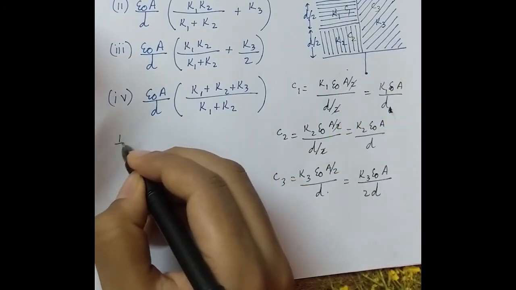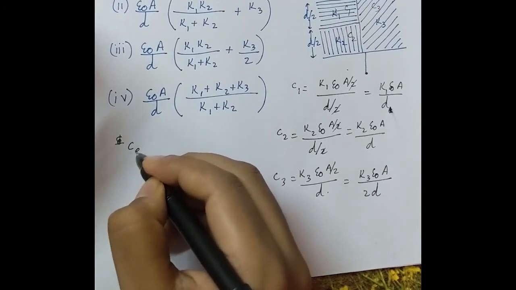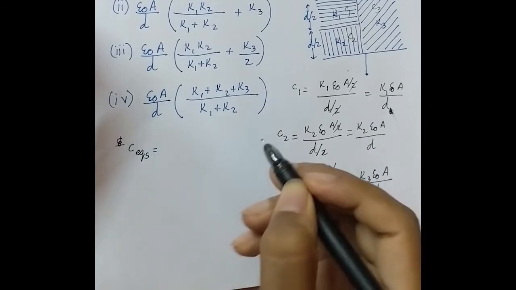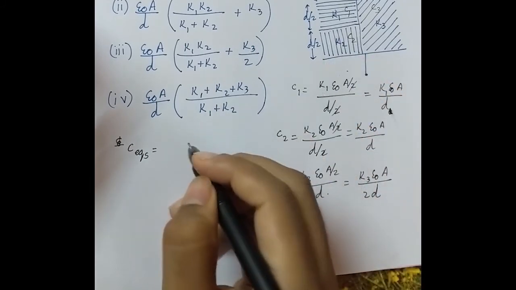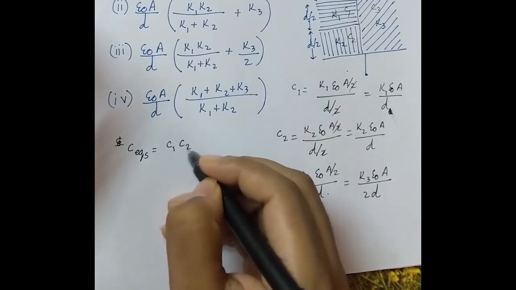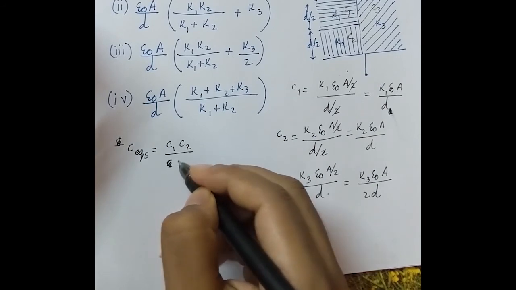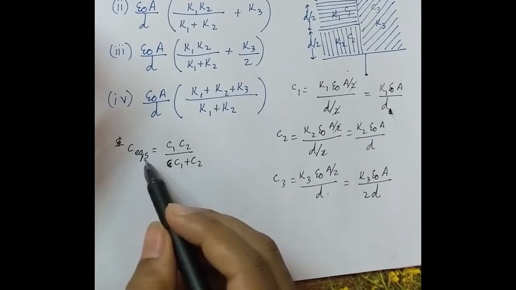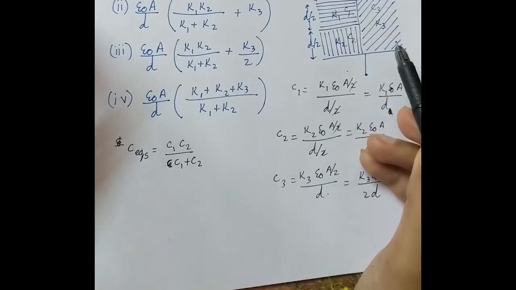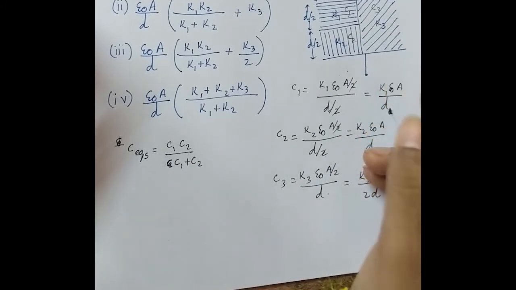So we'll call that the C equivalent of the series. Two capacitors, when they are in series, we can directly put the formula: C1 C2 divided by C1 plus C2, and this equivalent is in parallel with the third capacitor C3.